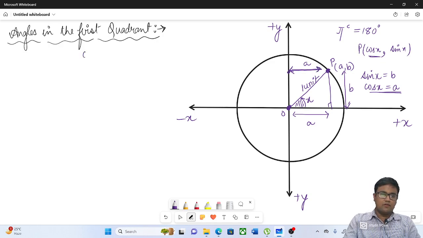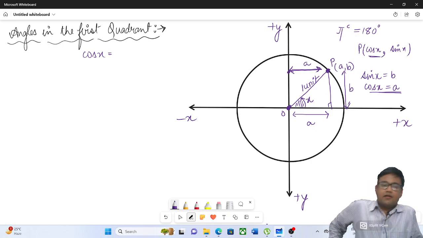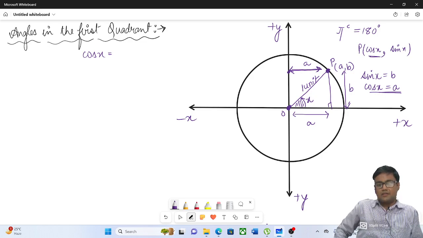Always remember, the definition of cos x has now changed a bit in terms of this quadrant. Till now we had studied in class 10th that cosine is a ratio between two sides.